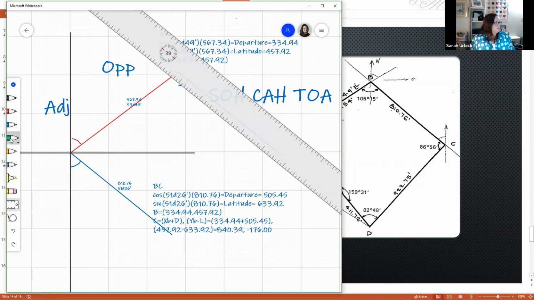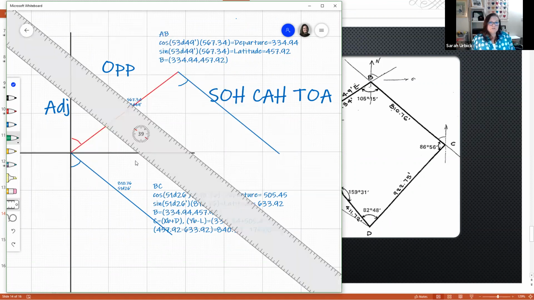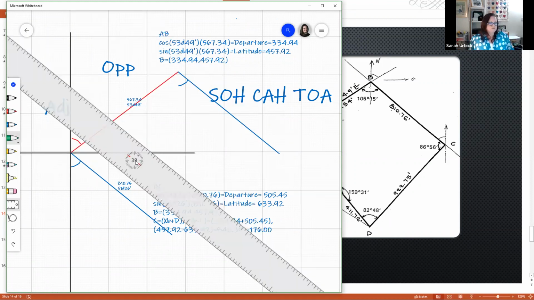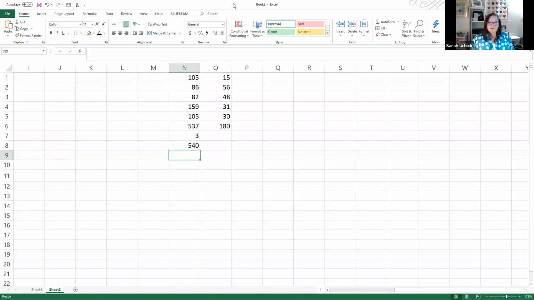We'll use the green pen this time. I need to use a smaller point on it. All right. So what was our bearing from C to D? Well, thank goodness we had our table.